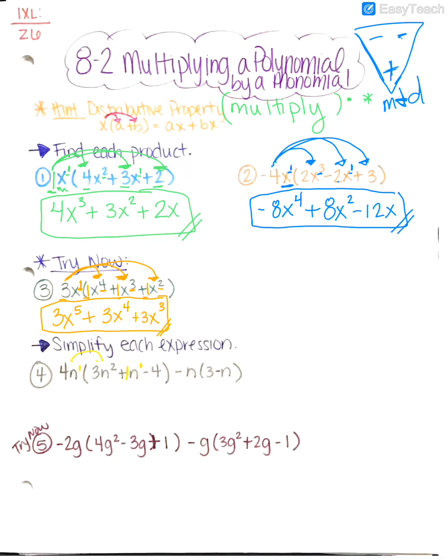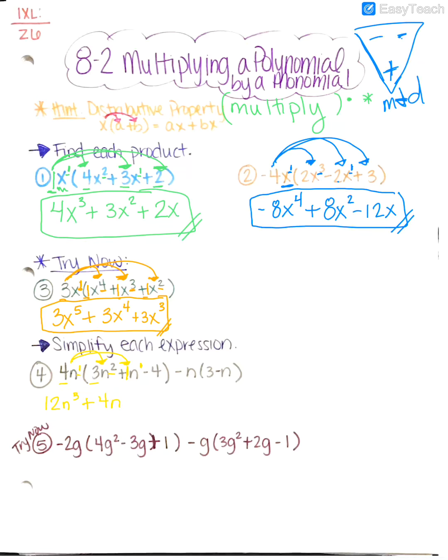So distribute that to the inside. Again, big numbers multiply. So 4 times 3 gives us 12. And then keep my variable and add your exponents, which gives us third power. Don't forget to distribute to everything inside those parentheses. 4 times 1, 4.